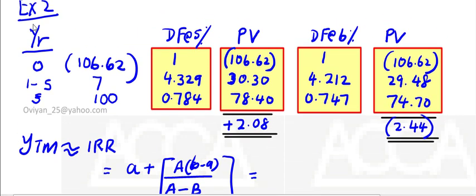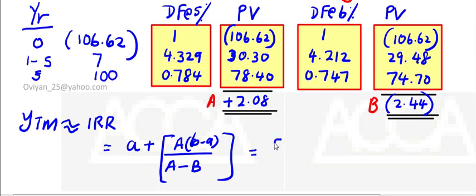So this is going to be your small a, the lower rate. This is going to be your small b, the higher rate. This is going to be your NPV of small a, and this is your NPV of small b. So put in the figures.